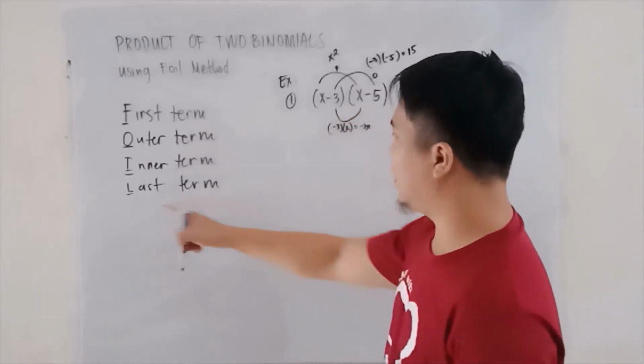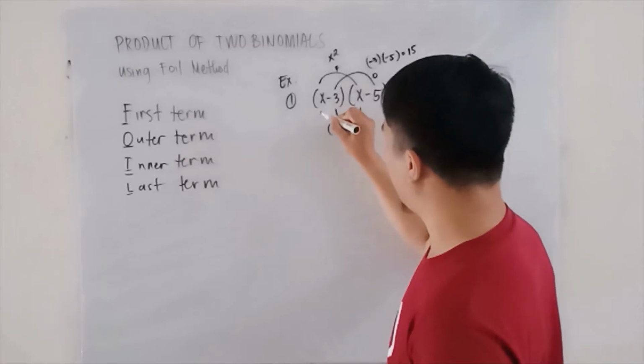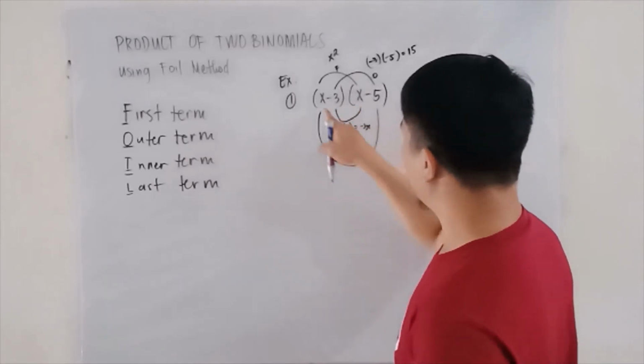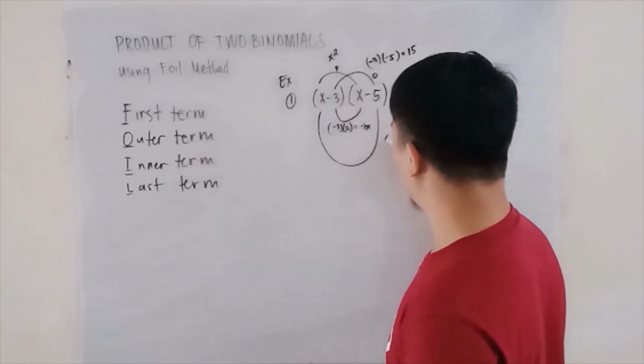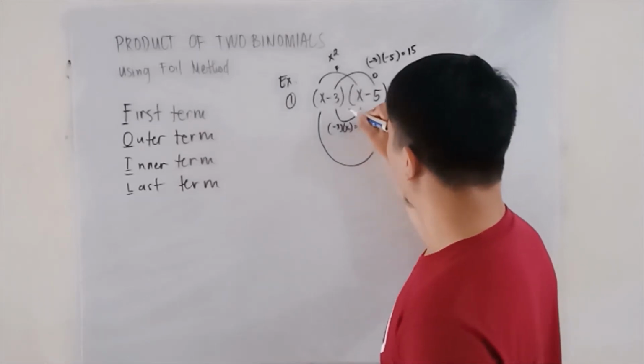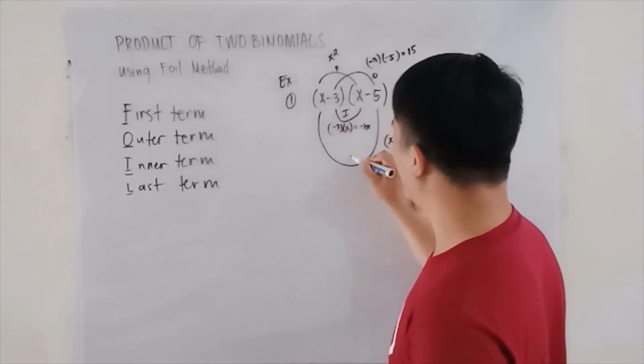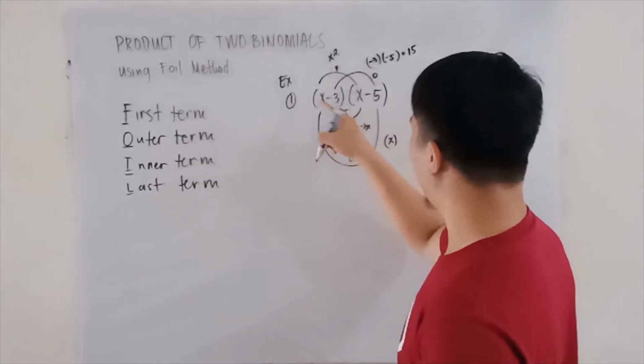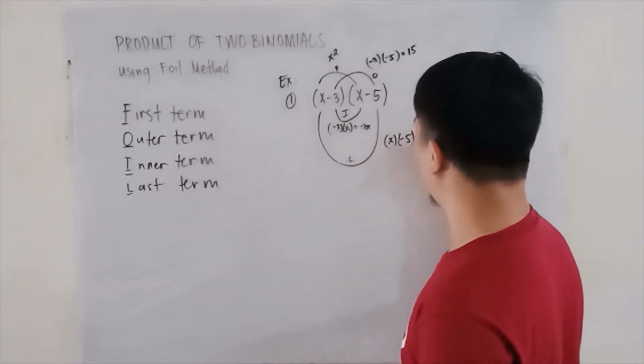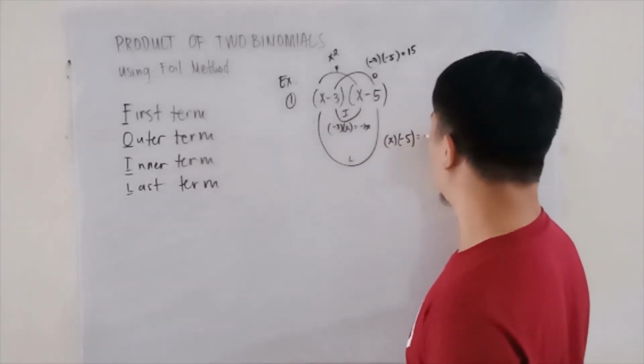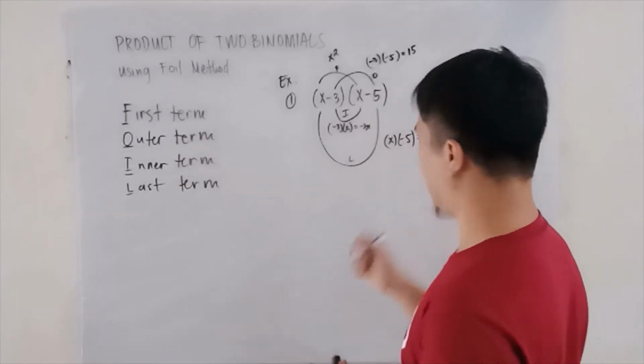And for the last term, we have the x. This would be the inner and the last. So we have x times negative 5, which is equal to negative 5x.